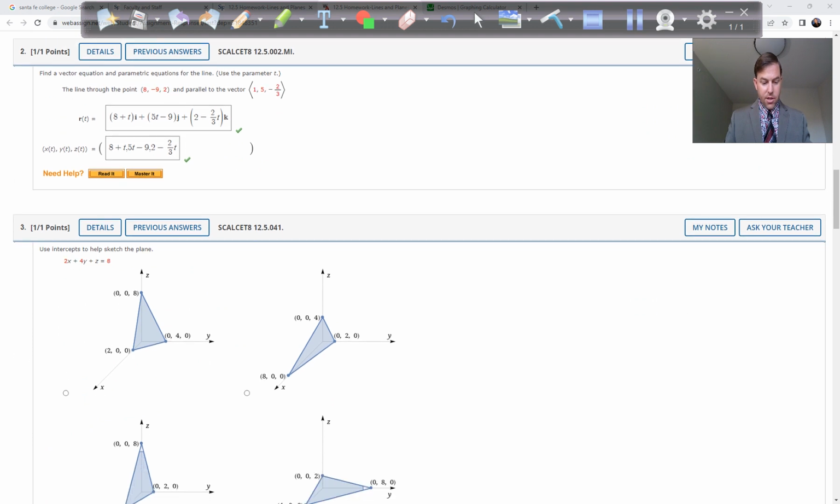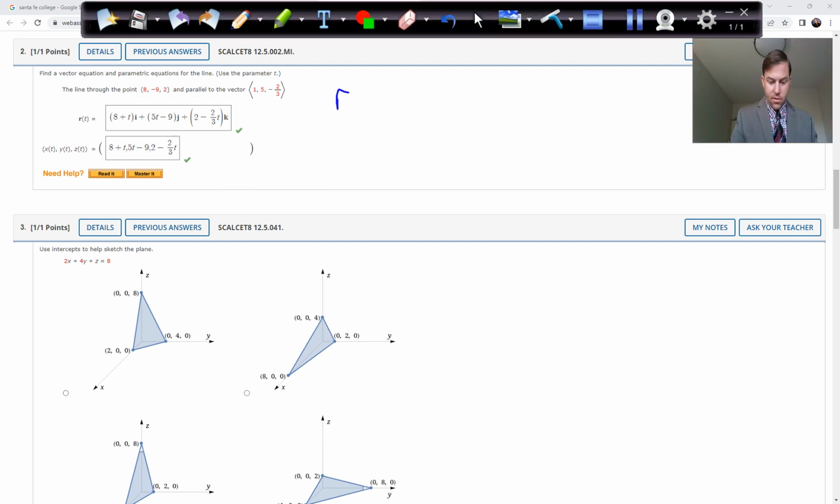Use the parameter t. Okay, so this is a little less abstract thinking. So the equation is, if you have a vector r, it can be broken into a starting vector or a point plus t times some vector v.